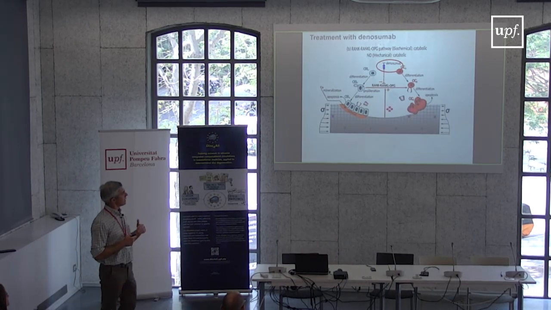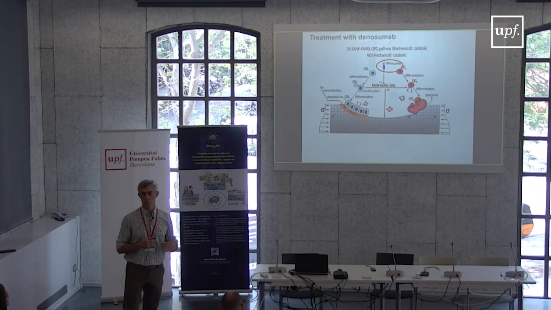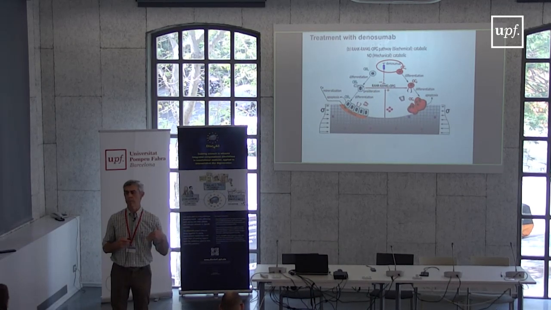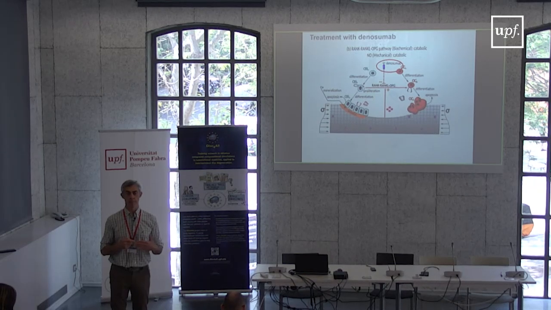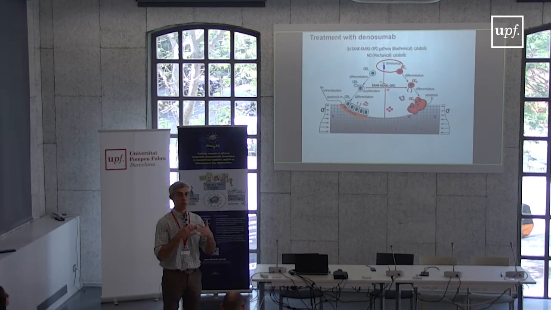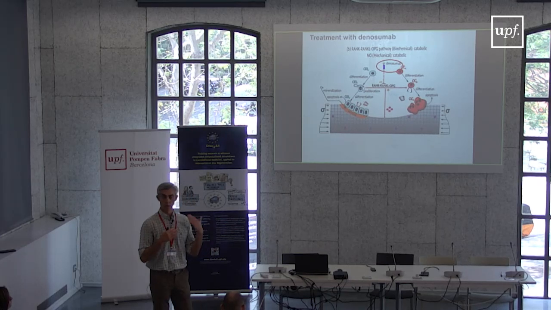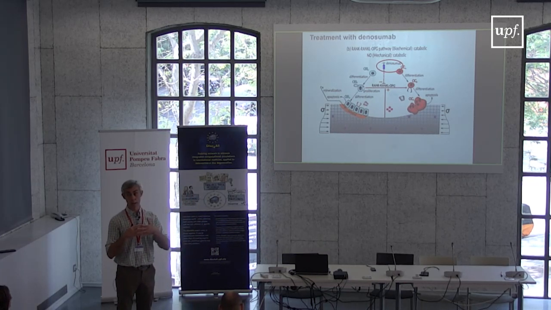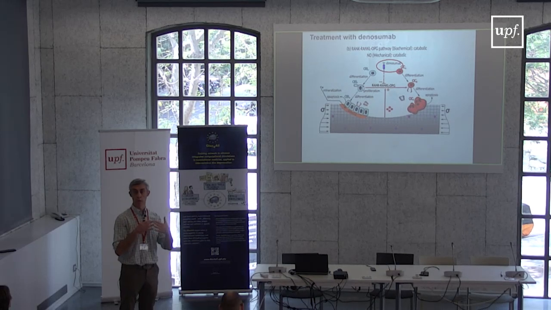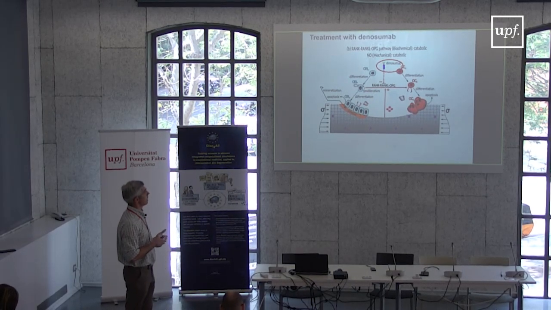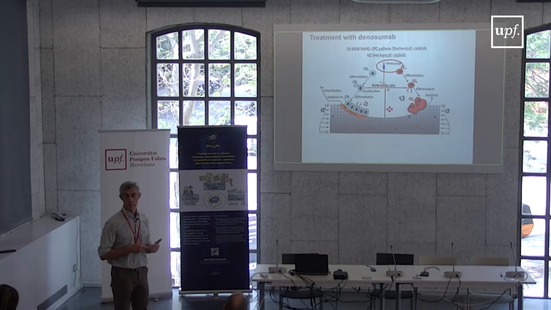And for example, in the case of denosumab, which is the only one that I'm going to analyze here, denosumab plays the same role as OPG. It can interfere also in the binding between RANK and RANK ligand. So denosumab can bind to RANK ligand, and if RANK ligand does not bind to RANK, then no osteoclast differentiation takes place.